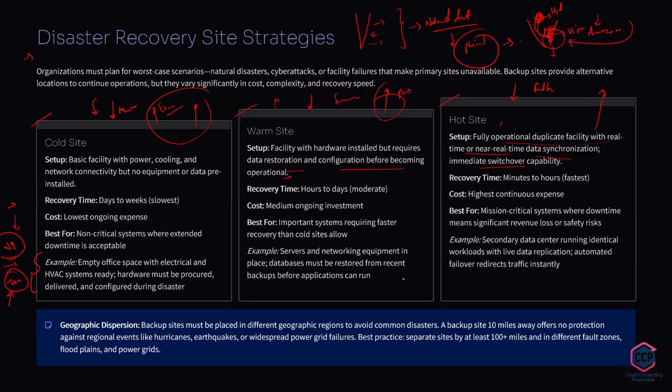Okay, here it could be a server or network equipment where it is placed or stored. We'll take the same example. The office is ready, everything is ready, but the data connection between those things has not happened.